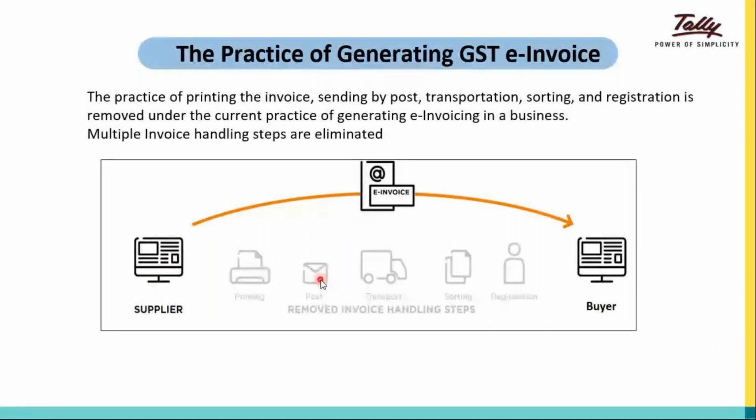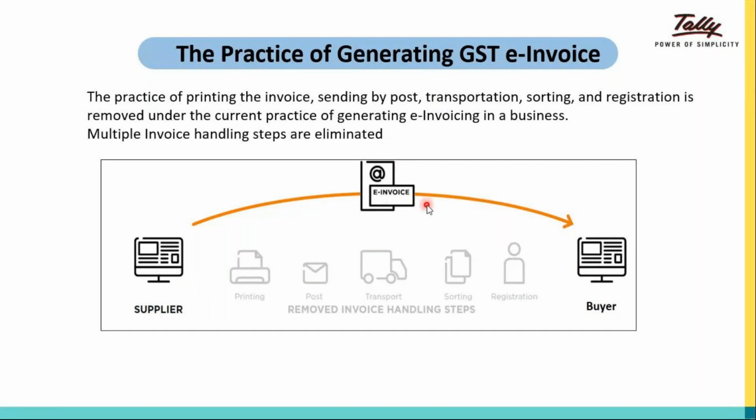After that, it would have reached the buyer. So from the supplier to the buyer, this is how it was traveling, wherein the physical copy was being printed, sent through post, and after 2 or 3 days, depending on the location, the person would get the invoice. But now we can check all the invoices in the IRP itself.